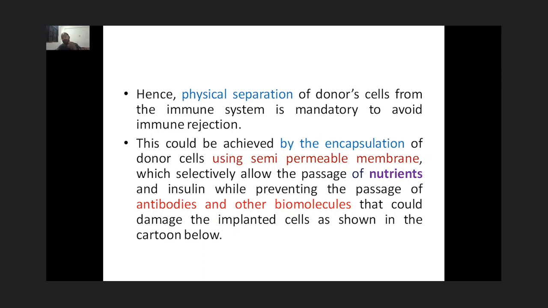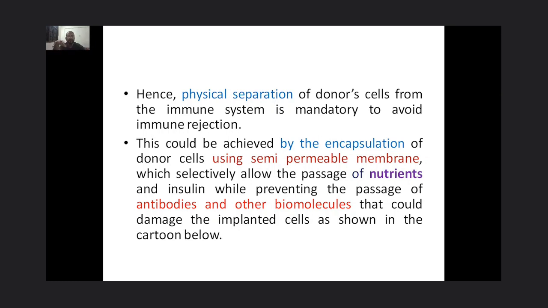Here, since we are talking about physical separation, that can be done with some membrane, so that the cells do not come into contact. If they come into contact, the immune system will be activated, produce antibodies, and damage these donor cells. That should be avoided.